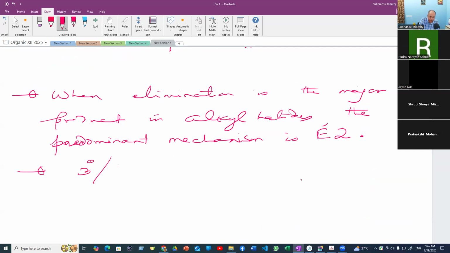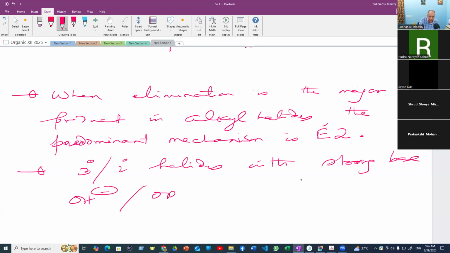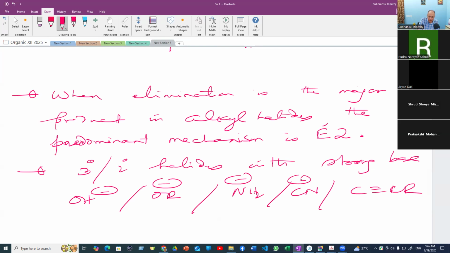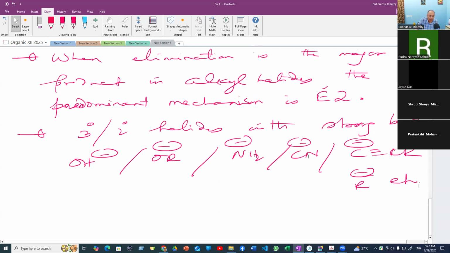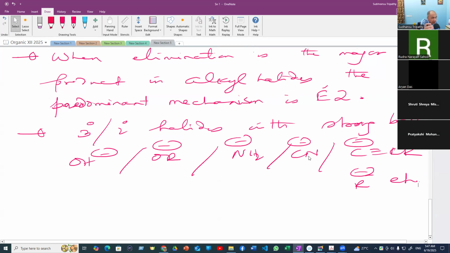3 degree, 2 degree halides with strong base like OH minus, OR minus, NH2 minus, CN minus, alkynide ion, carbanion, etc. They will definitely give elimination as the major product.